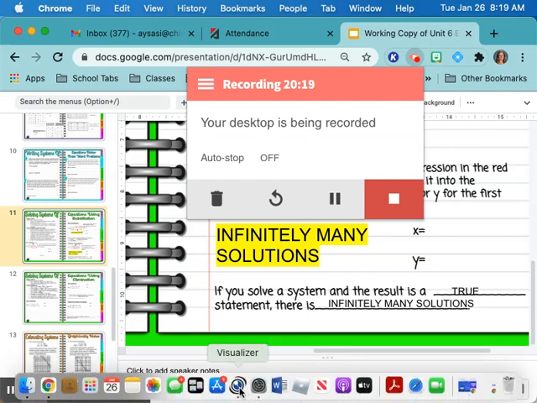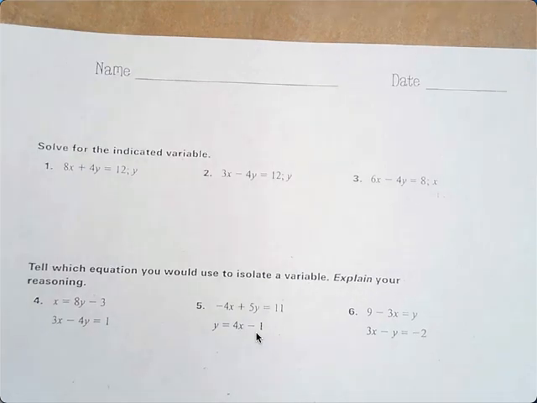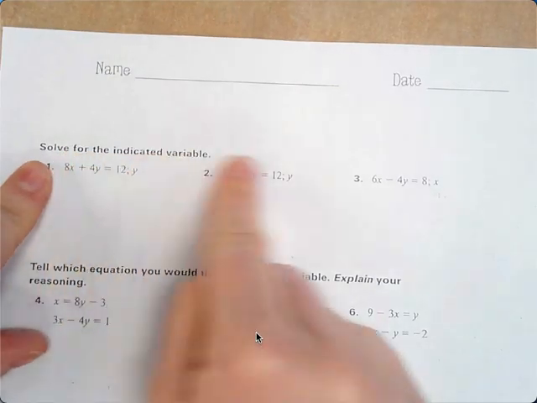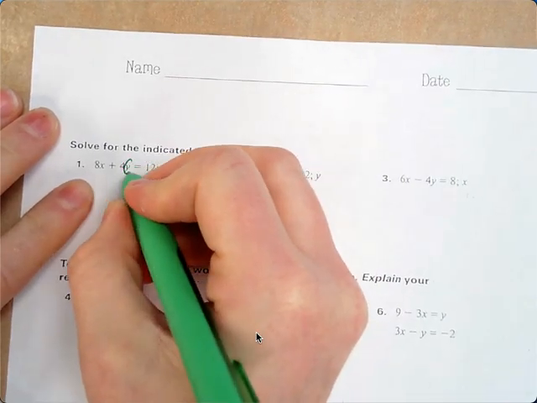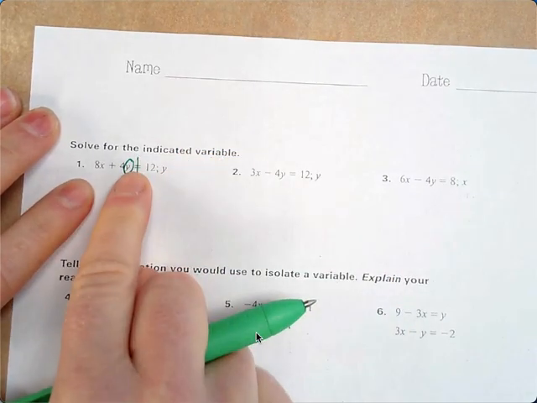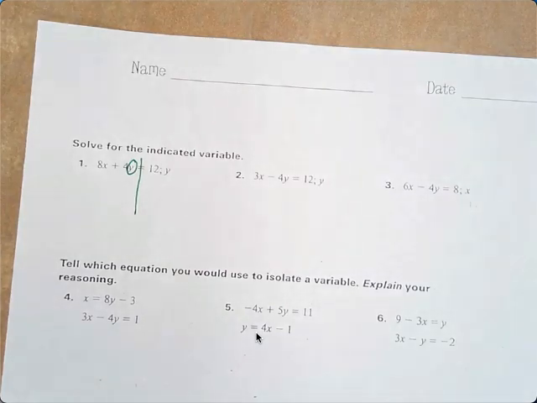Okay, so I'm going to show you the assignment so we can look at it together. So 1 through 3 just says solve for the indicated variable. So on number 1, you're solving for y. So you're going to circle the variable you're solving for and just solve it so you can get an expression.